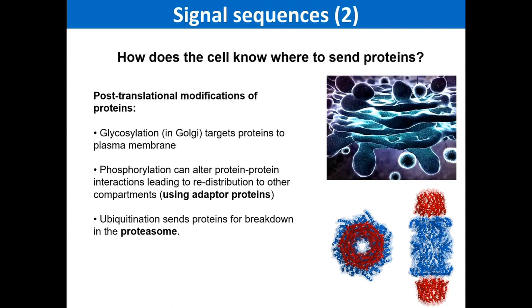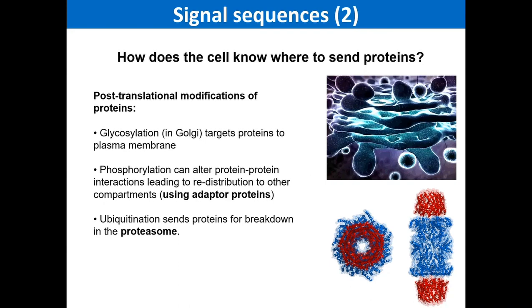But other than the signal sequences, there are other factors that will help the cell to know where to direct that protein, such as post-translational modifications, which are modifications which occur after the mRNA has been translated into a protein. And it's a non-amidic covalent alteration of the structure of the protein, which will result in a change in the function of the protein.